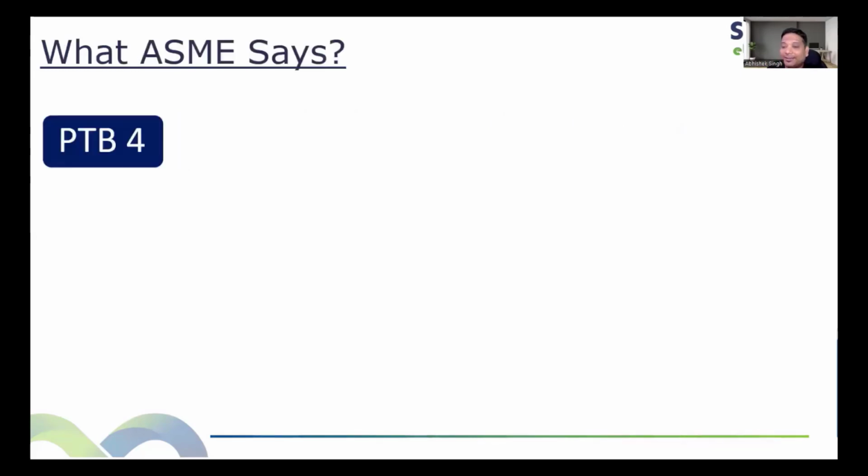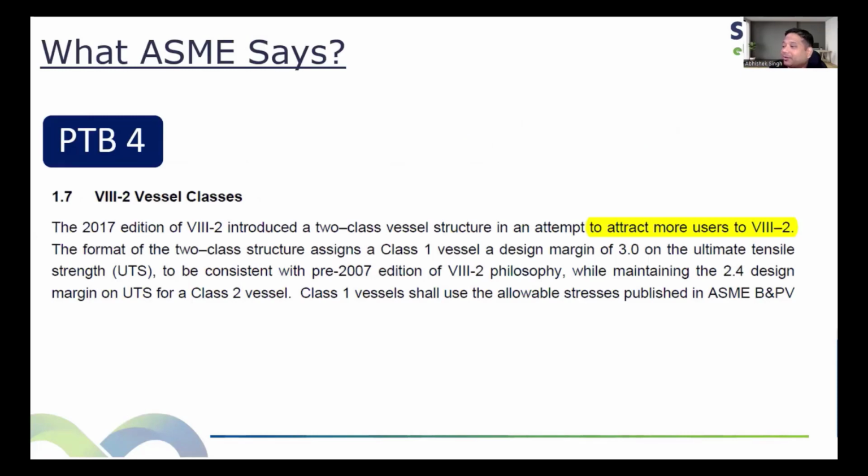But let us see, in PTB 1 and PTB 4, a statement is written that in the 2017 edition, the class 1 and class 2 classes were introduced and the purpose was to attract more users to Division 2. That is what ASME is trying to do.